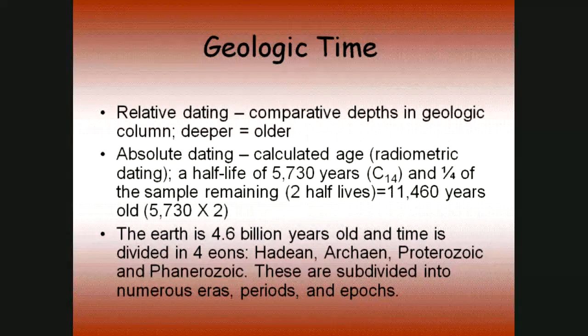Okay, so what we have learned from these two things, the relative dating and the absolute dating, is that the Earth was formed approximately 4.6 billion years ago. And we have divided the time of the Earth into 4 eons: the Hadean, the Archean, the Proterozoic, and the Phanerozoic. And then we have divided down these eons into numerous eras. And we've subdivided the eras into periods, and many of the periods have even been subdivided into epochs.